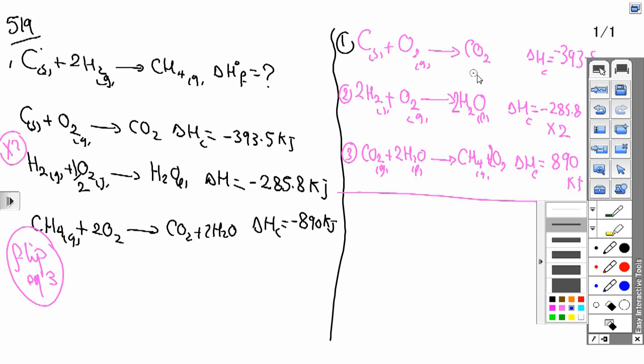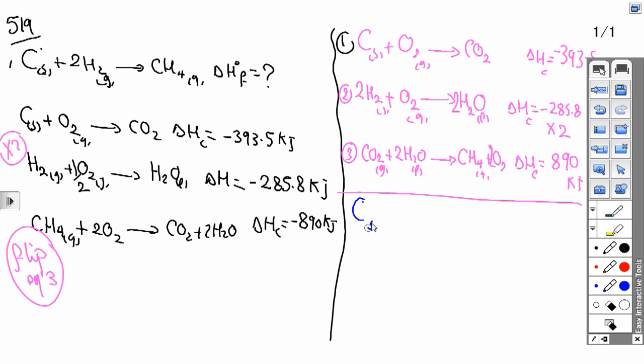Adding this equation, the first equation contains carbon, no other carbon, so carbon exists in the reactant, plus O2. There are two O2, and we have two O2 in the product. We cancel them together. 2H2, no other 2H2 exists, so 2H2 gas is produced.